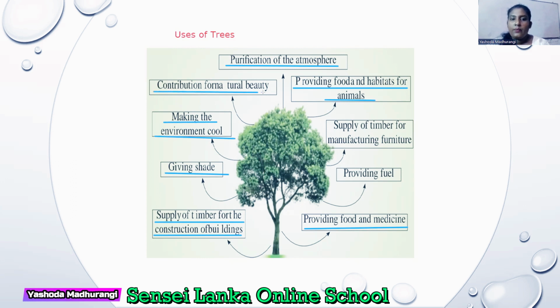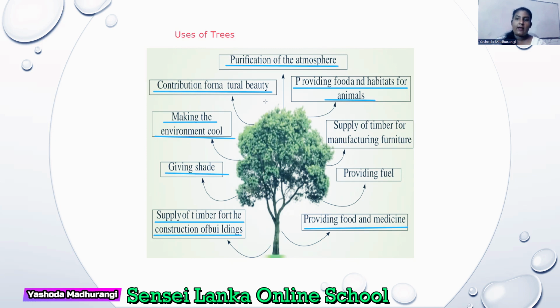Contribution to natural beauty. See, they contribute to natural beauty. Trees are making our environment beautiful. When we look at the different shapes of them, when we go into a forest area, see how beautiful.